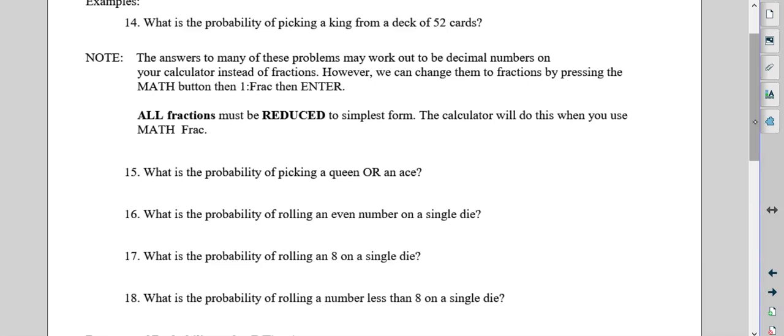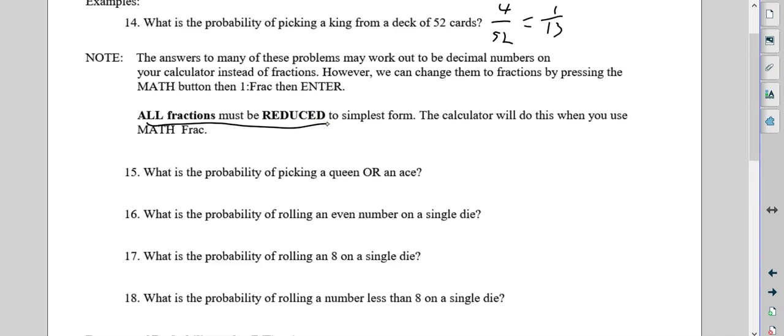All right, number 14. What is the probability of picking a king from a deck of cards? Well, there are 4 kings in the deck, and there are 52 cards in the deck. Or there's 1 king in each suit of 13 cards, and that is the reduced way of that, and we always want to try to reduce our fractions, okay?